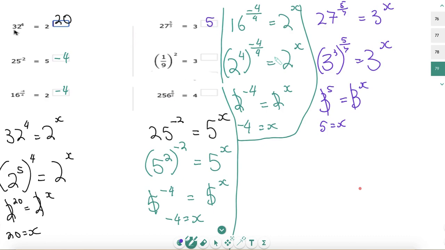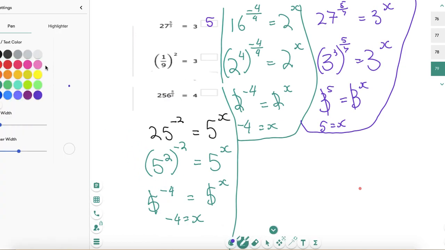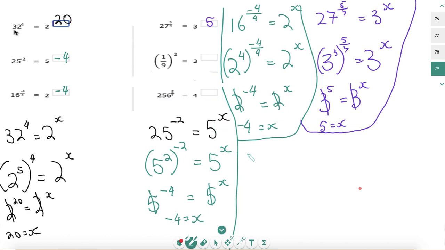So these are A-level questions, guys, but once you know the strategy, it's actually pretty straightforward. But it's going to get a little tricky soon, actually. I spoke too soon. 1 over 9 squared equals 3 to the power of something.